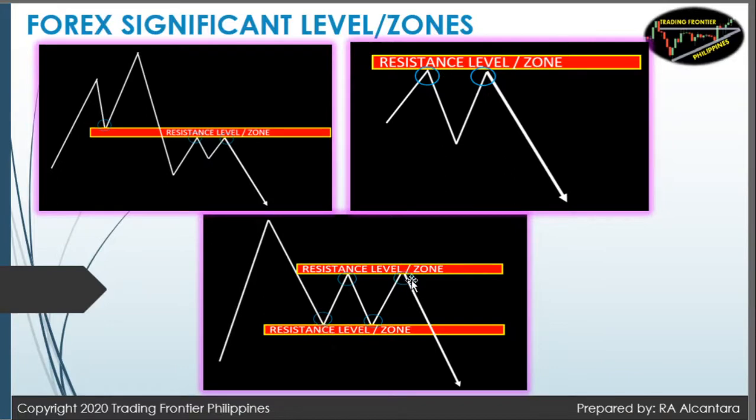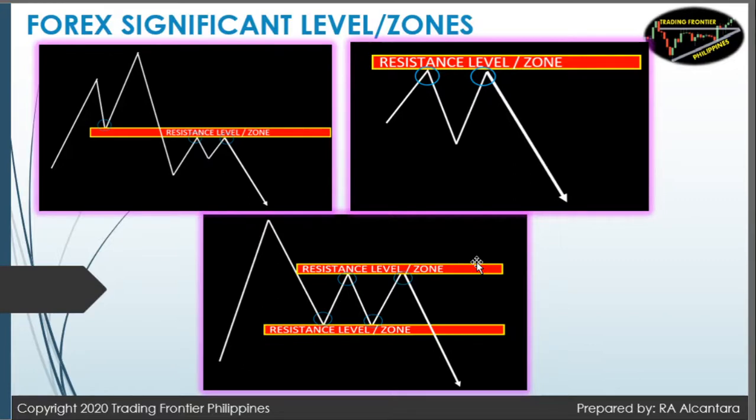However, the price broke through this level, and now we know that previous support becomes new resistance in this case. So that's why this level or zone, with 1, 2 touches, becomes what? Your new key resistance level or zone. So you have here several examples of key support and key resistance, wherein you will encounter this type of structure in actual live trading.